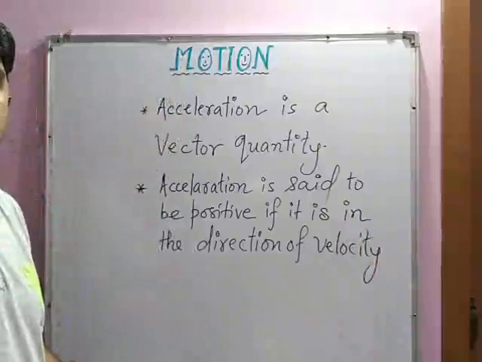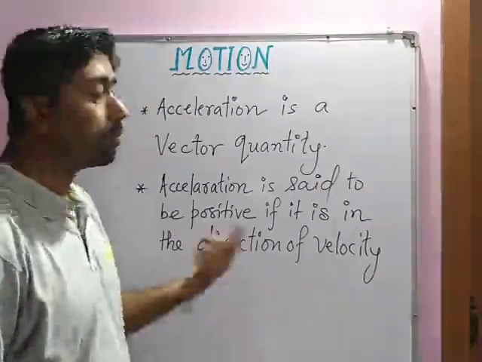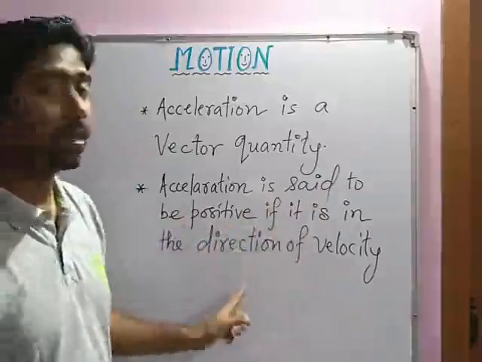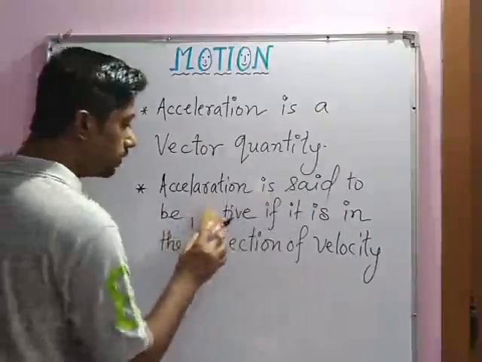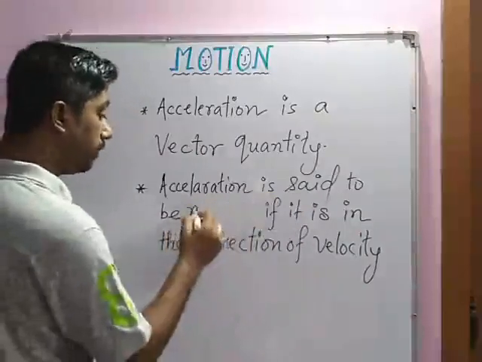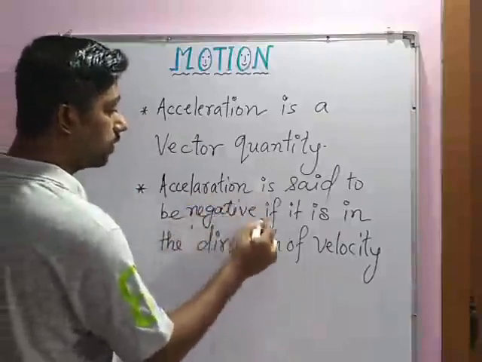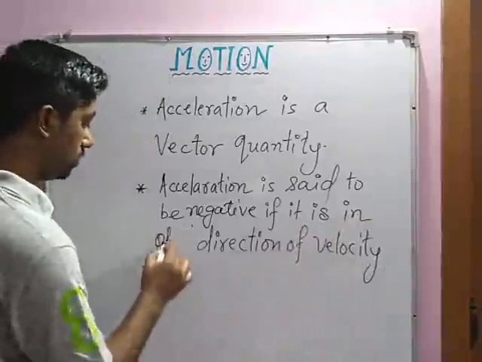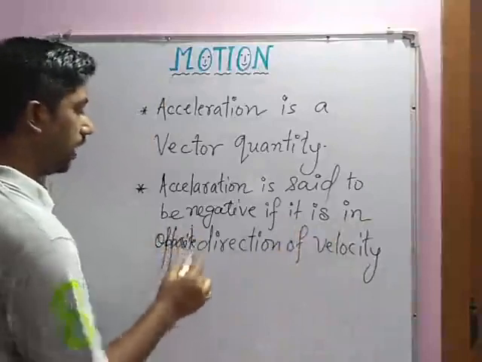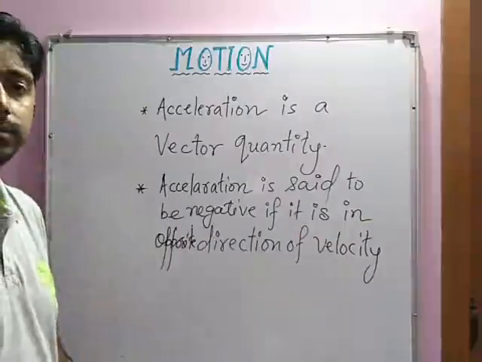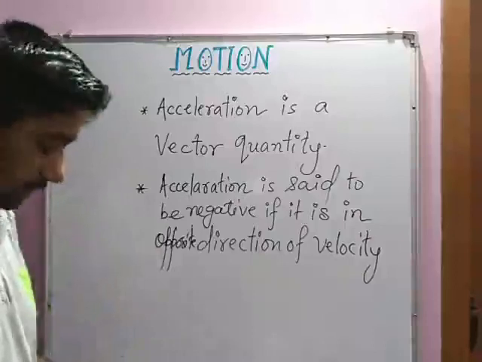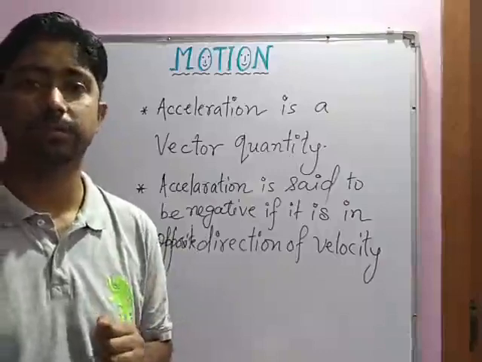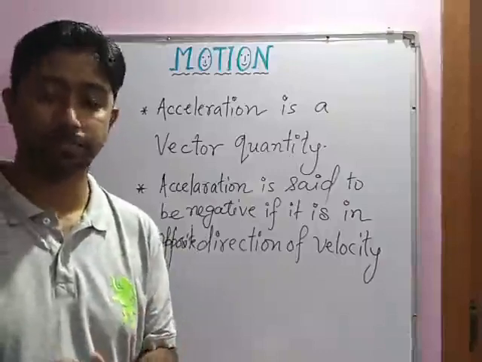And when will acceleration be negative? When it is opposite to the direction of velocity. And when is acceleration 0? In uniform motion. Clear? I hope it is clear to you.